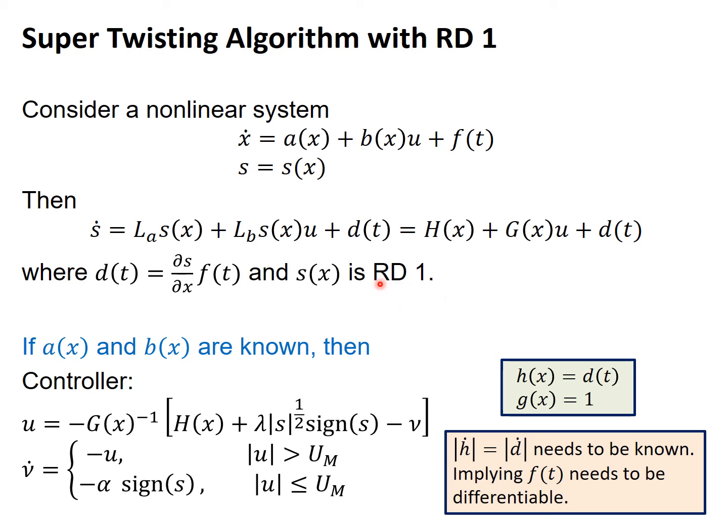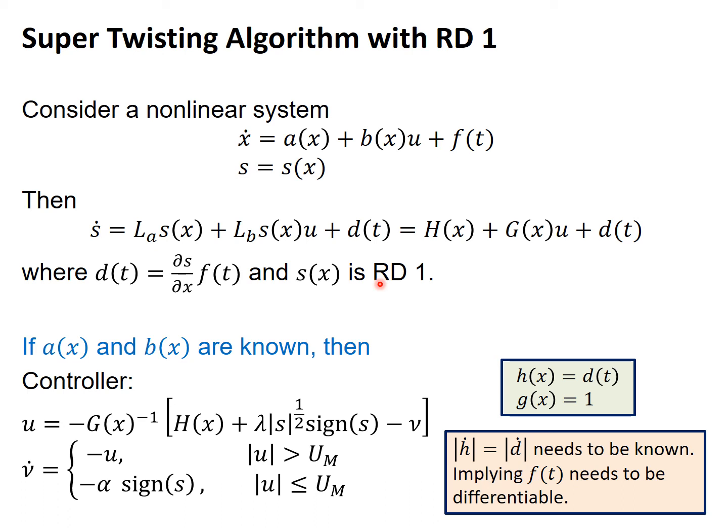So this is one constraint that we are putting on the uncertainty, which was not present in the classical sliding mode control case. There the uncertainty needed to be only bounded, not differentiable. It may not be differentiable, it just needed to be bounded. Here we are putting an additional condition of differentiability.